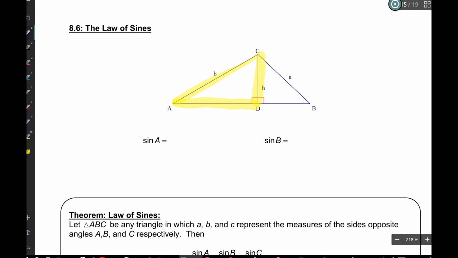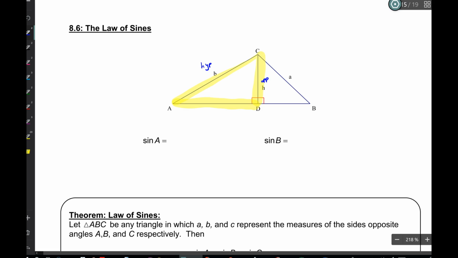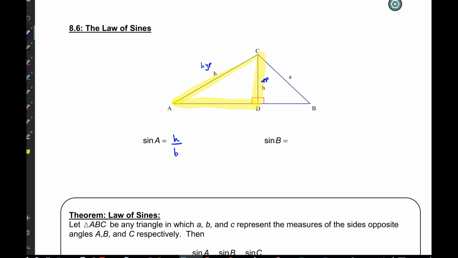It would be opposite, which would be? Wouldn't this be the opposite and this be the hypotenuse? So it would be H over B. Do you see that? I'm just looking at the left part of the triangle because we need a right triangle. We don't know for sure if right here this is a right angle. Are we okay with that?